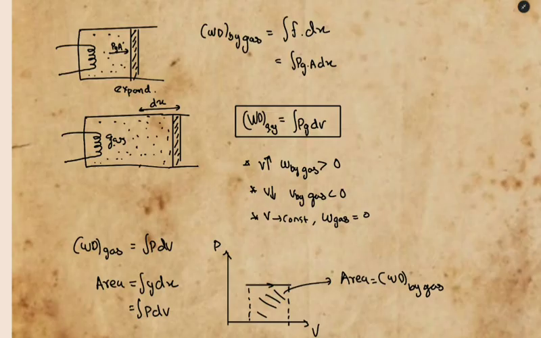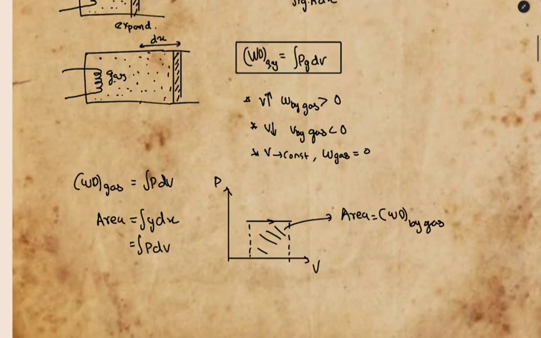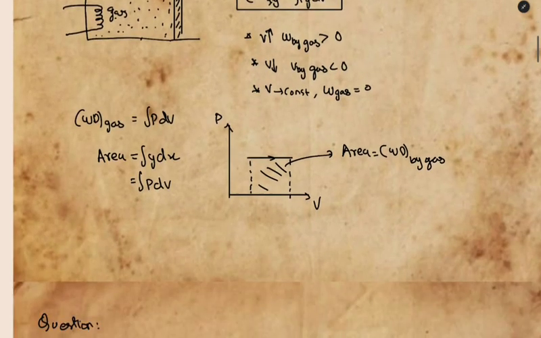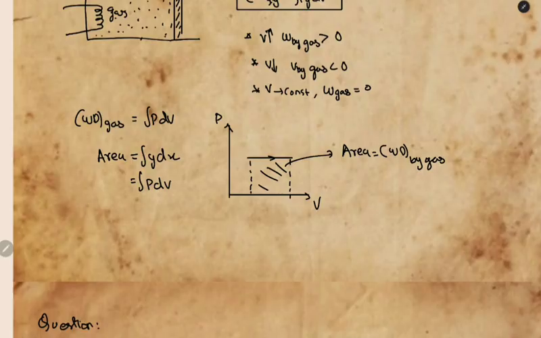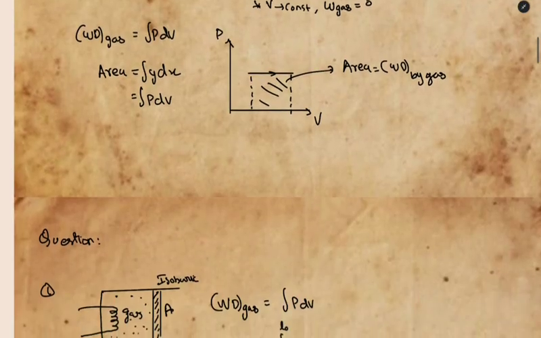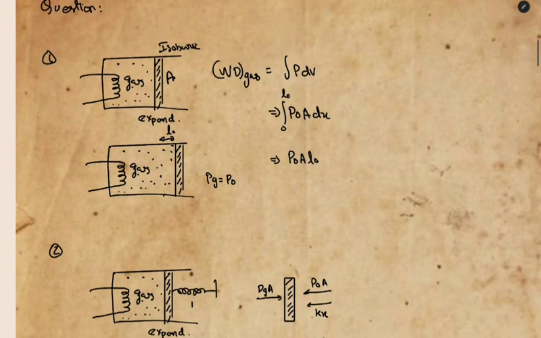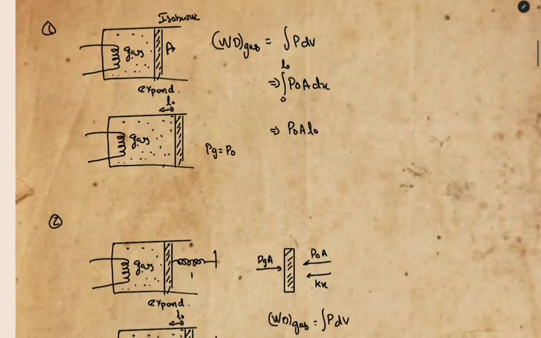When volume decreases, work done will be negative, and when volume is constant, work done by the gas will be equal to 0. Fine. Which means if they have given you a PV graph, the area below the curve will represent the work done by the gas.